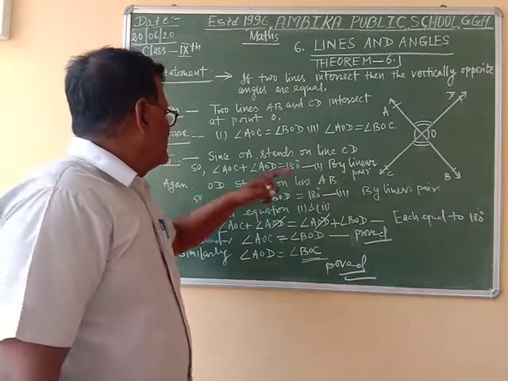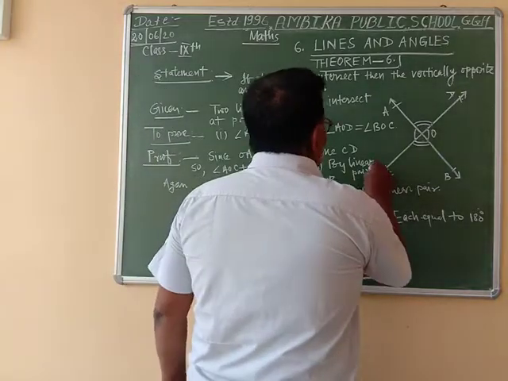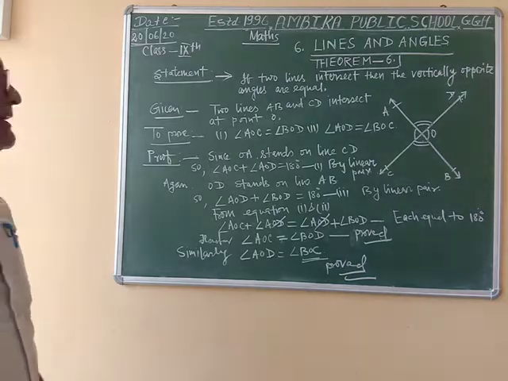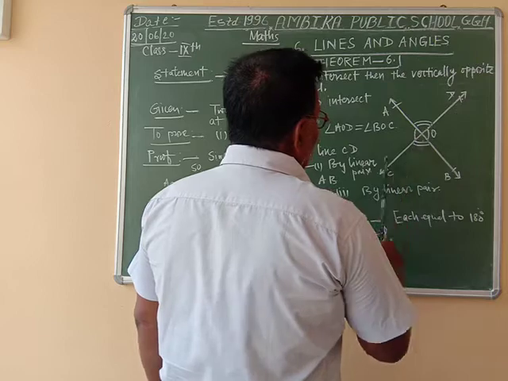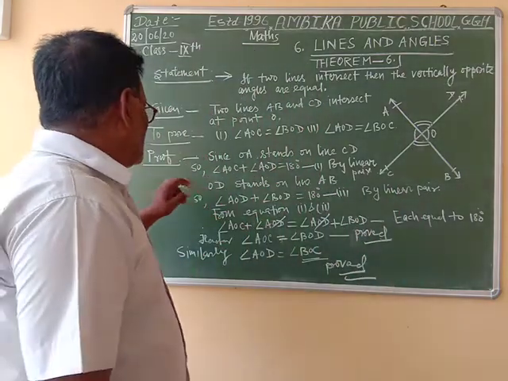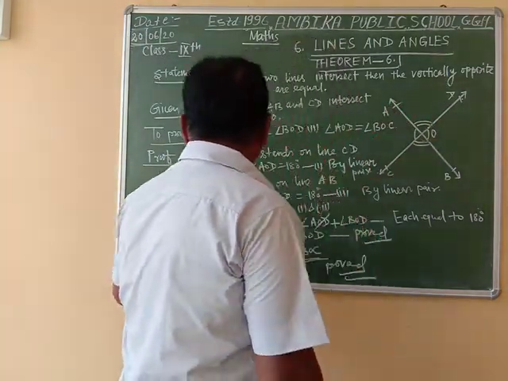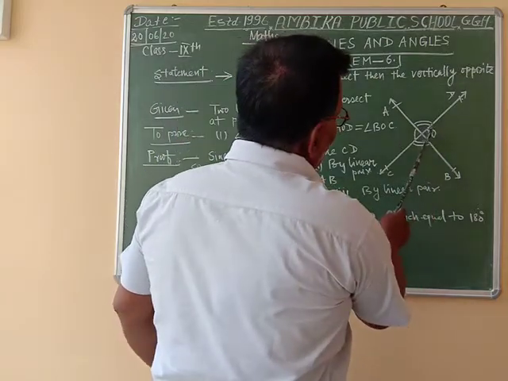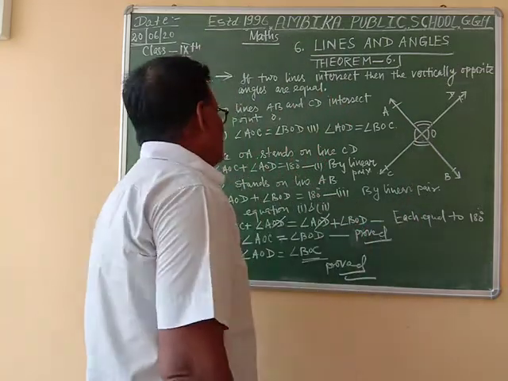By linear pair: if the sum of two adjacent angles is 180 degrees, then they form a linear pair. Here OA stands on line CD, therefore angle AOC plus angle AOD is equal to 180 degrees by linear pair. Also OD stands on line AB, so angle AOD plus angle BOD is also 180 degrees by linear pair.